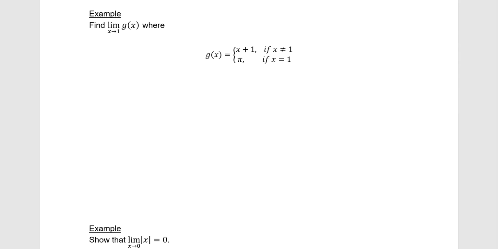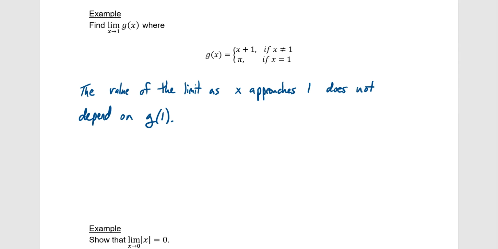Okay, a couple other things for this section. Let's find the limit of g of x as x approaches 1, where we have this piecewise function: g of x equals x plus 1 when x is not equal to 1, and it's equal to pi when x equals 1. So the value of the limit as x approaches 1 does not depend on g of 1.